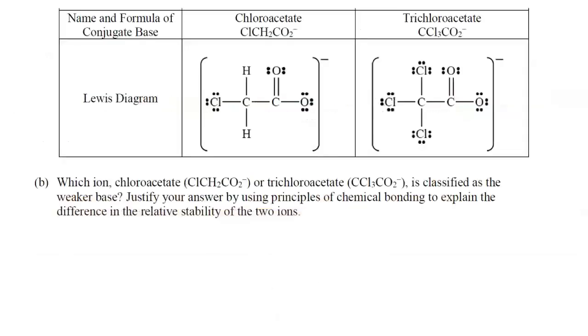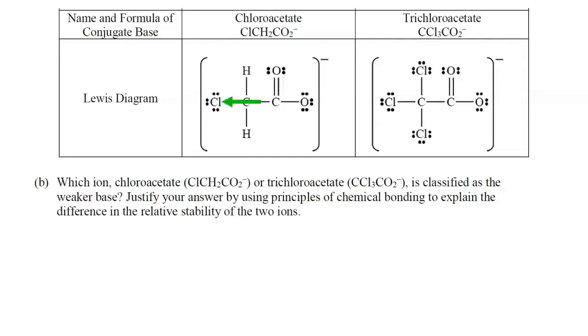Now let's go back to this question. Again, this is part B of question 5. We're comparing chloroacetate on the left with trichloroacetate on the right. So the question says, which ion, chloroacetate or trichloroacetate, is classified as the weaker base? Again, justify your answer by using principles of chemical bonding.